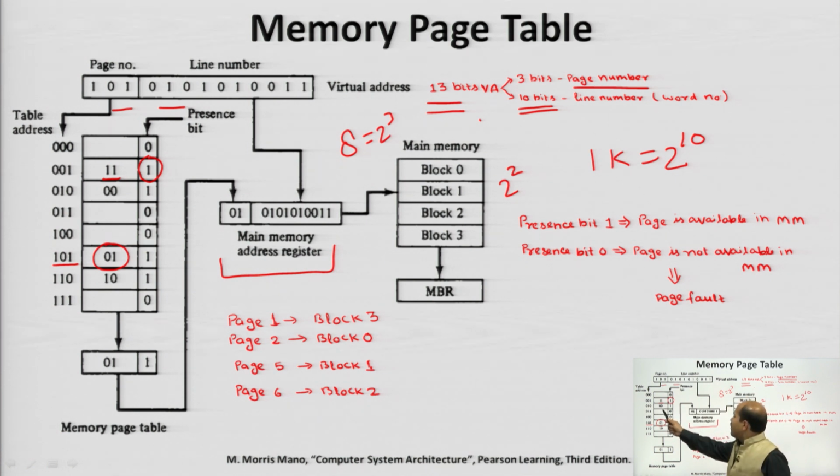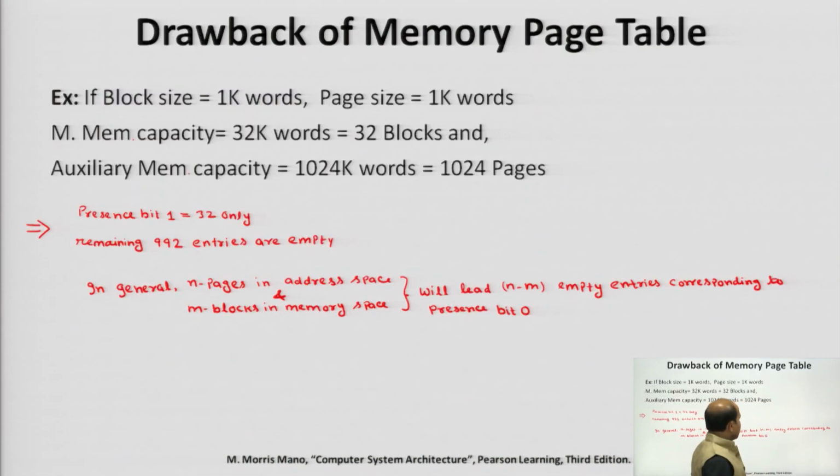If it is not available, for example page number 011 which is not available in main memory, the corresponding entry is 0. So this way we can understand the concept of memory page table. Presence bit 1 if the page is available in a particular block, presence bit 0 if the page is not available. If a referenced page is not available in main memory, the phenomenon is called a page fault, or the operating system will declare it as a page fault.